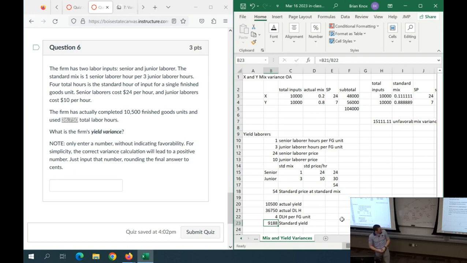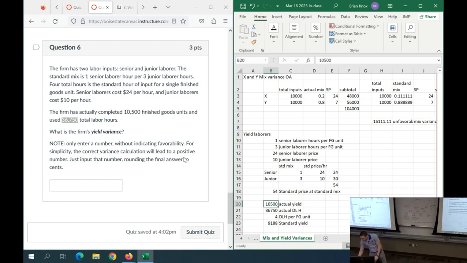That's the standard. Given those standards, at the actual total labor hours you used, I would have expected 9,188. We exceeded that, though. We gave you a bonus. We gave you a higher actual yield than that, 10,500.